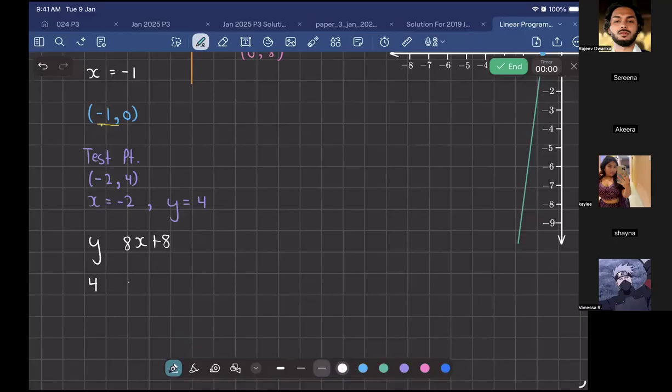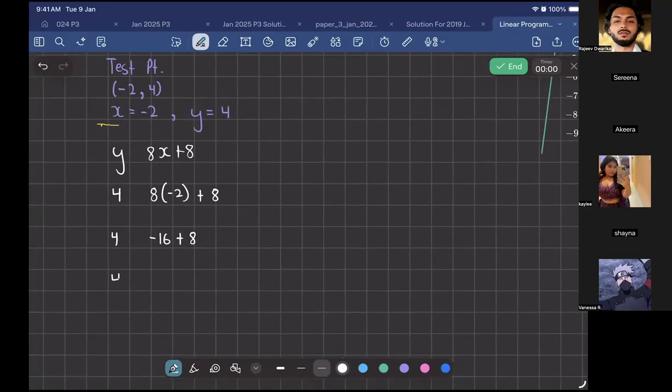So it'll be 4 and 8 in brackets minus 2, plus 8. What is 8 times minus 2? Negative 16. So negative 16 plus 8. What is negative 16 plus 8? Negative 8. Right, negative 8. Oh, I see, you didn't make the mistake this time. Big up yourself! Big up Kaylee one time!